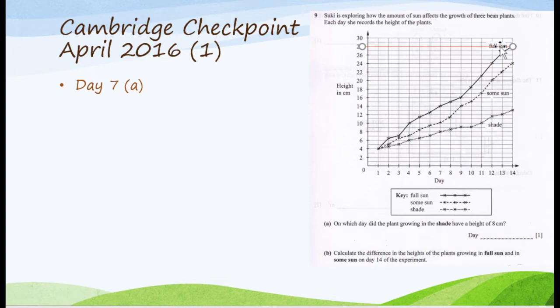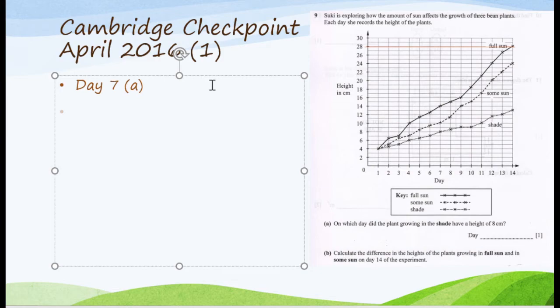If I drag the line over here, on day 14 for the full sun, the height is 28, yeah. I hope you agree, I hope you can see that also.